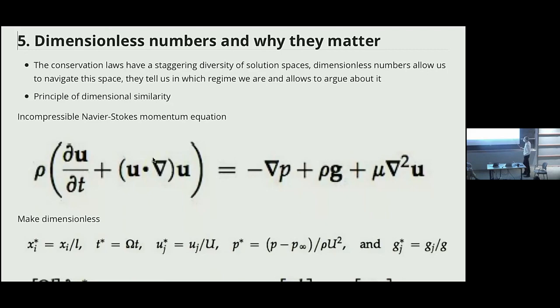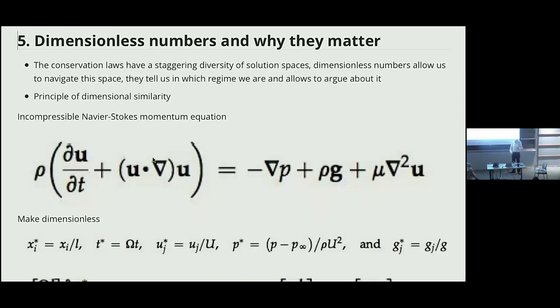So the conservation laws have a really amazing diversity of solution spaces, I would even say. There are different solution spaces, and the dimensionless numbers allow us to navigate in this space. They tell us in which regime we are, and they also allow us to argue about it.